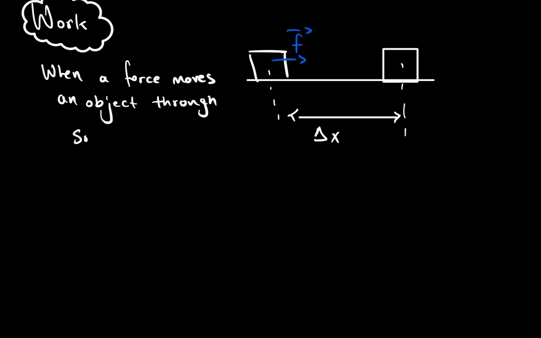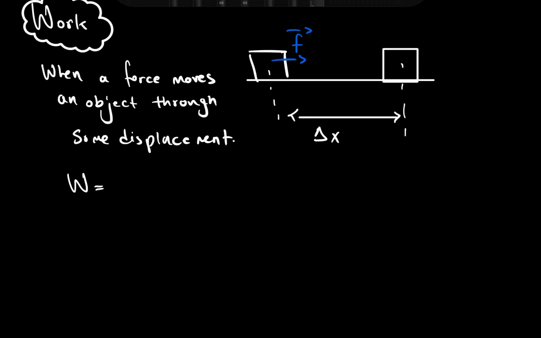Now, you can calculate the work very simply by multiplying the force that is being applied by the displacement, which is that distance. So the work is simply the force applied in the x-axis direction multiplied by the displacement, or just delta x, or the change in displacement, in other words.